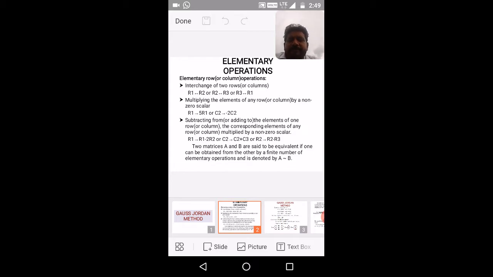So friends, please remember these things. The main operations we use in these methods are row operations. There are three or four types of operations.